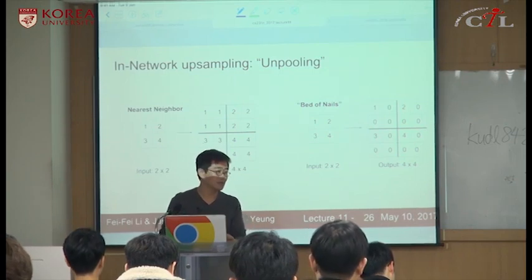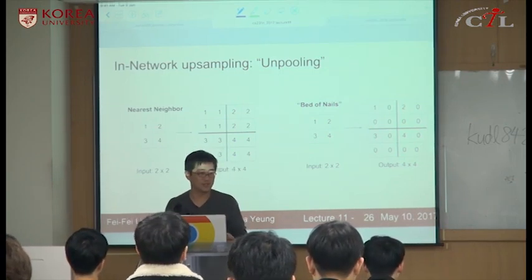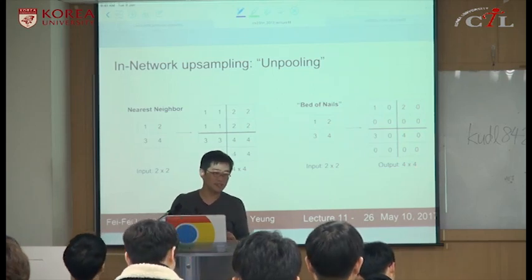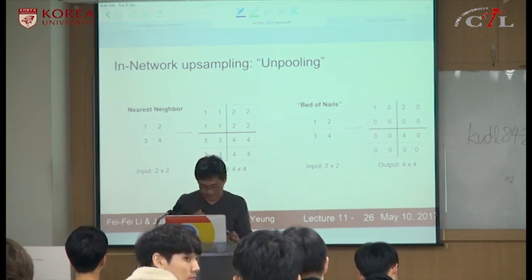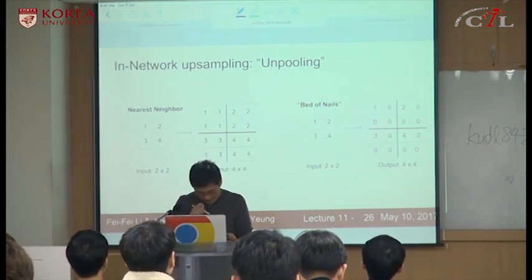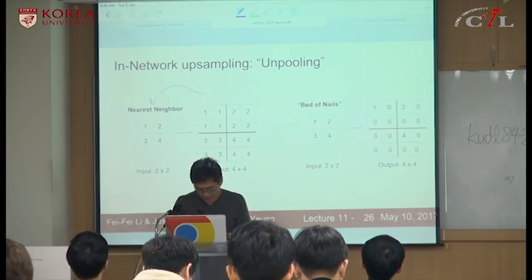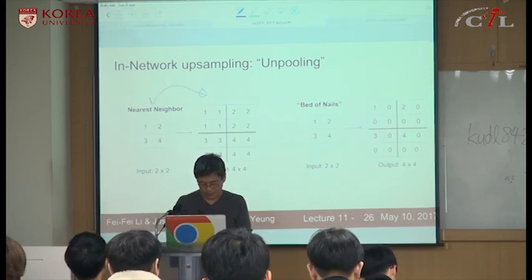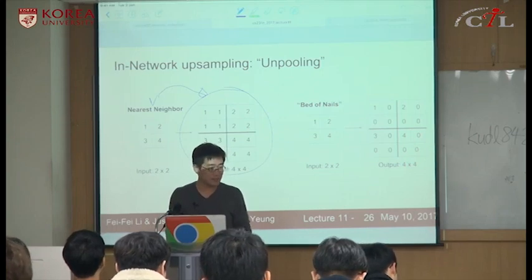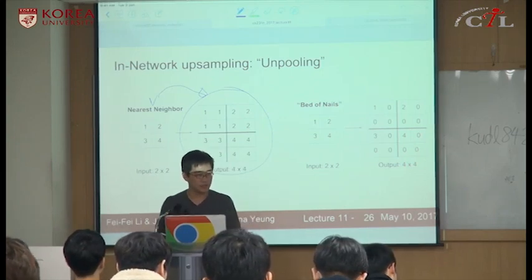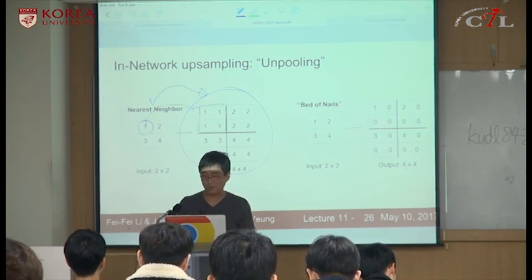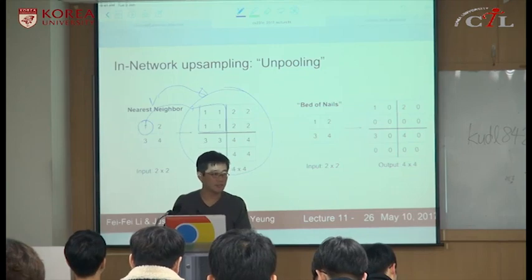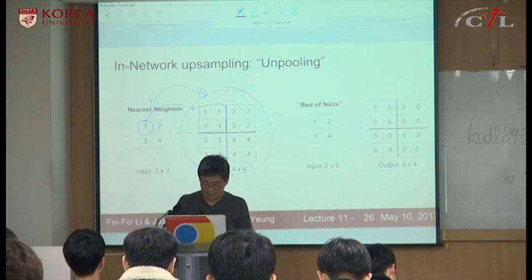At a high level, those unpooling and deconvolution play a role of increasing the spatial resolution of an input. Given this, if we do the unpooling, we can obtain this by just copying those values into a larger pixel. So one pixel becomes 2 by 2 pixels of the same value, right? That's the idea of this unpooling.